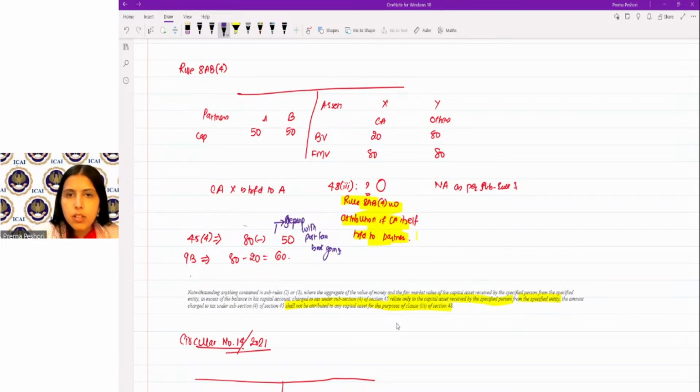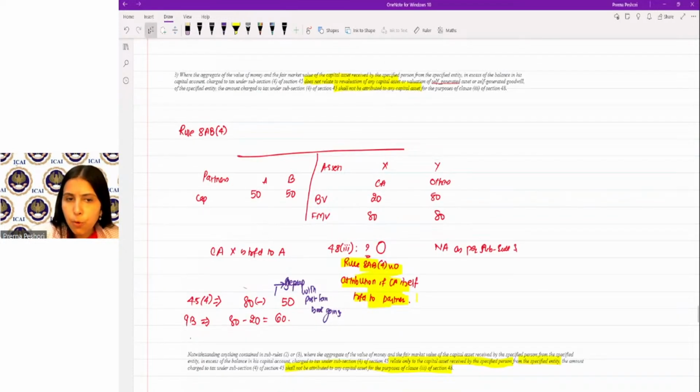So this is the example for Rule 8AB4. Here I had not added the index cost because I had not explained the circular to you at that time. Sorry, my bad, here we don't need the index cost.